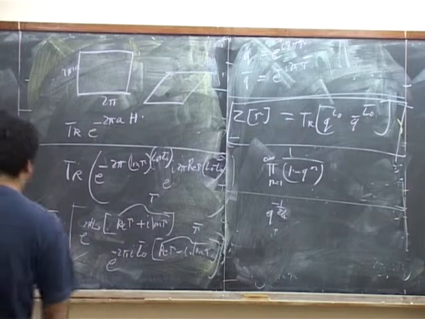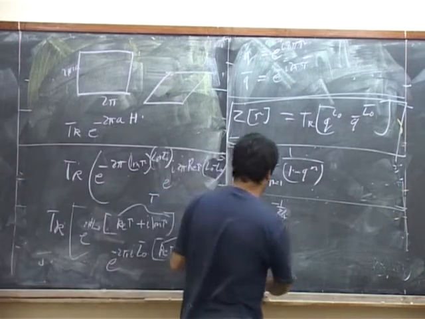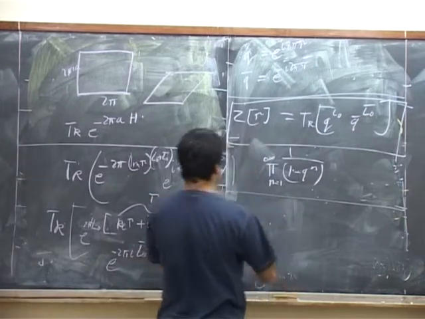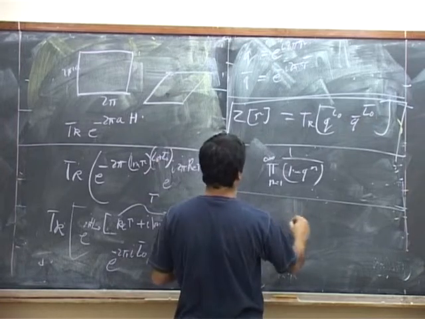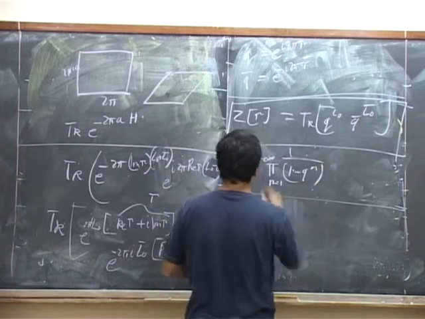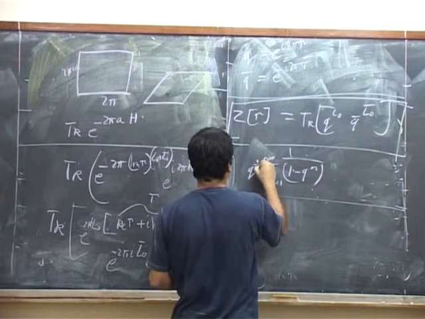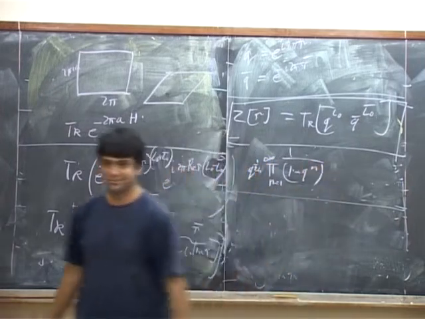So including the contribution from zero point energy, we've got q to the power minus 1 by 24 times all of this.